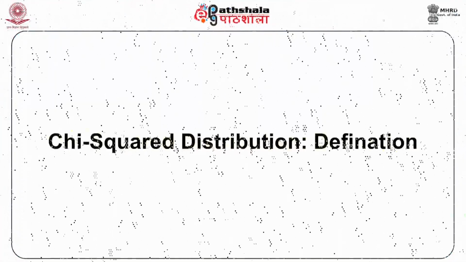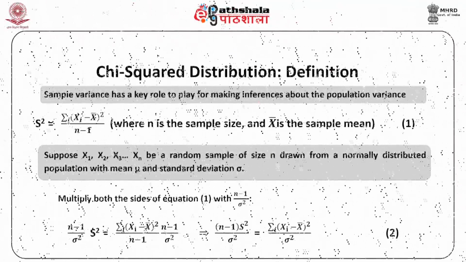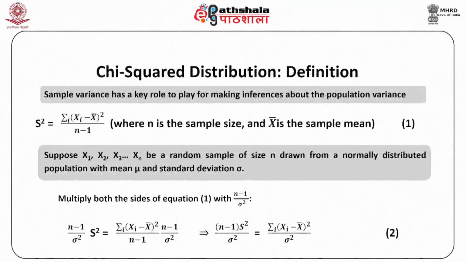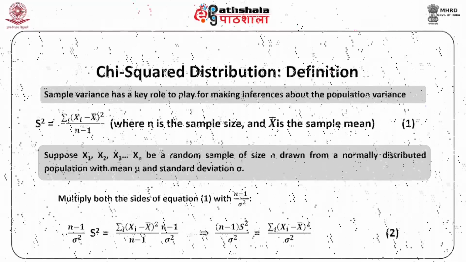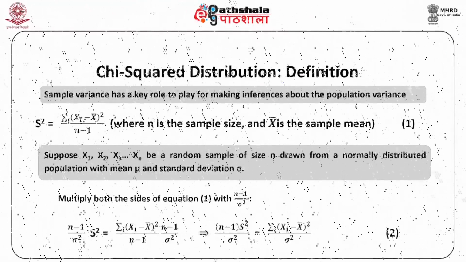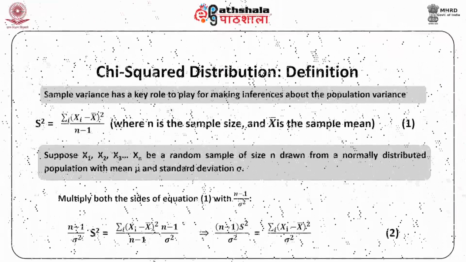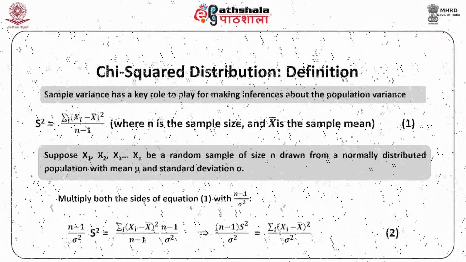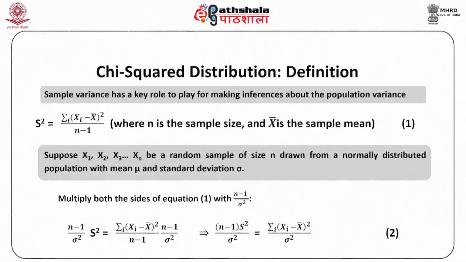Define chi-square distribution. Now, we have learned in detail that the sample mean is used as a basis for making inferences about the population mean. In a similar manner, the sample variance has a key role to play in making inferences about the population variance. We have studied in our previous module that the sample variance S squared is an unbiased point estimator of the population variance sigma squared.